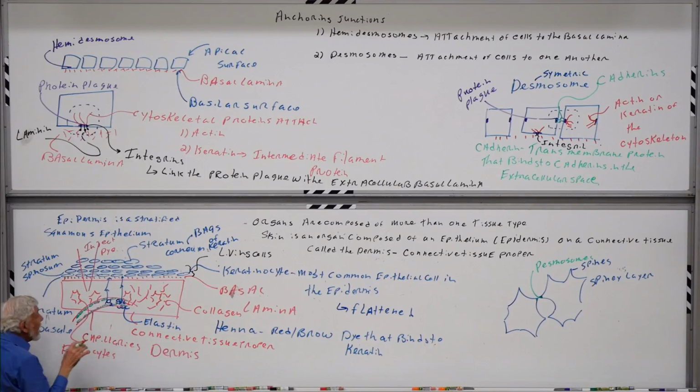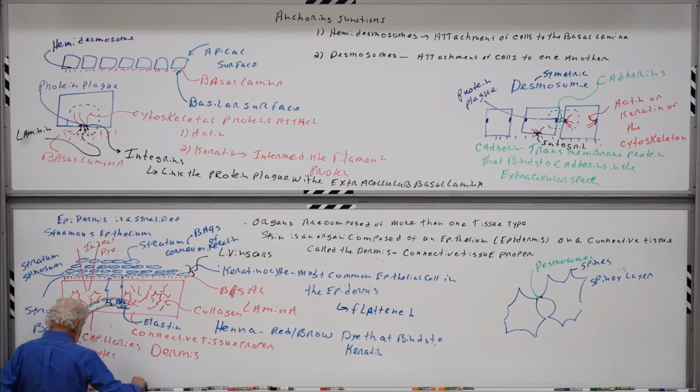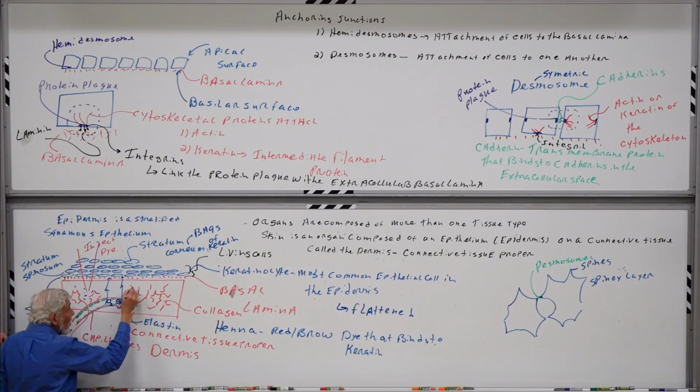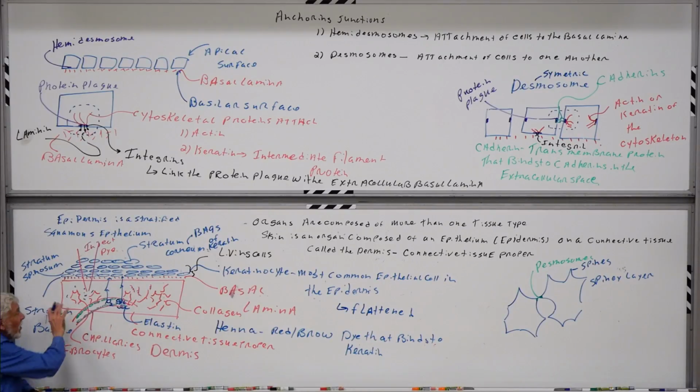The reason that it's permanent is that there are spaces between these fibrocytes, and you can get the dye. The dye now can be deposited between the fibrocytes, and some of the dye will actually invest itself in the collagen and the elastin. So you've effectively dyed the extracellular space.